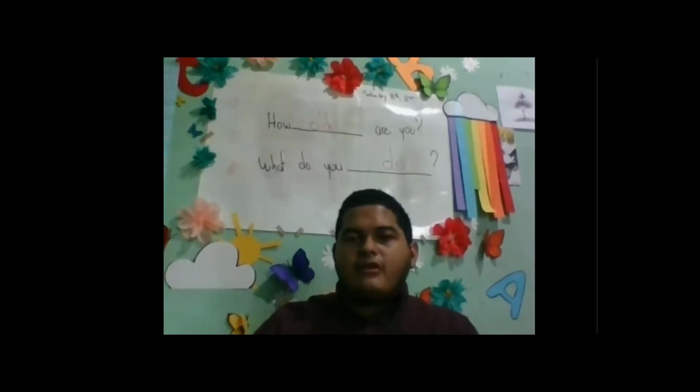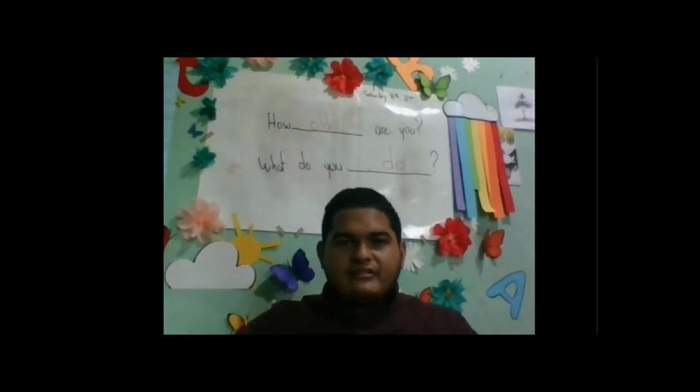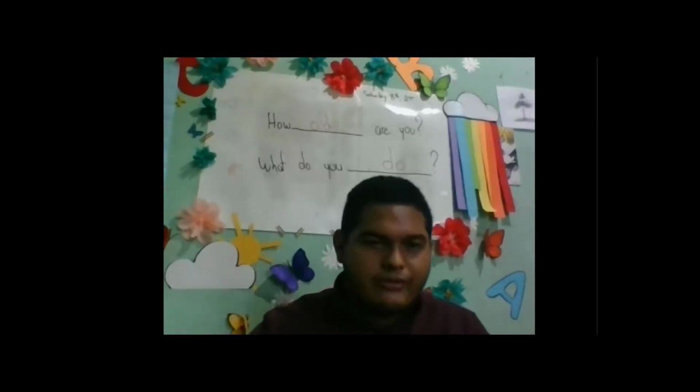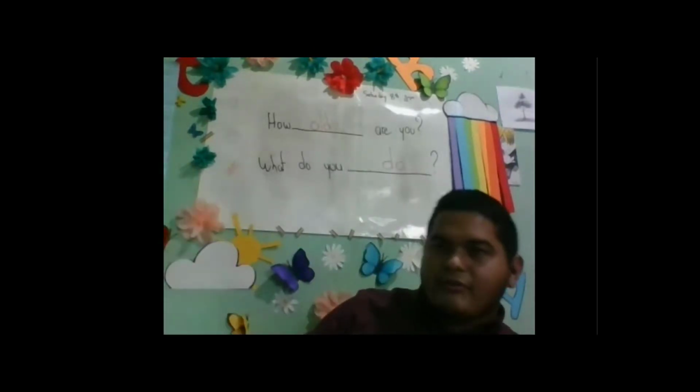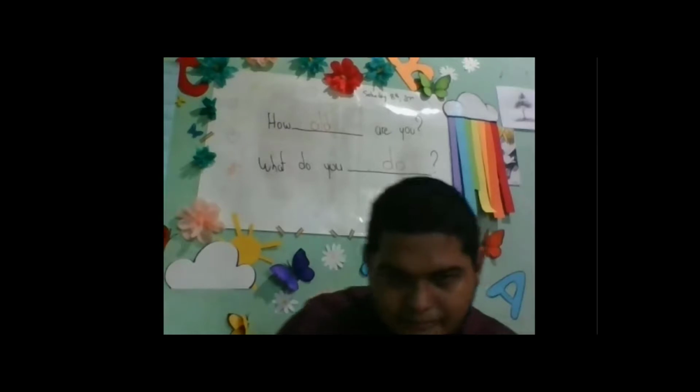Now that you finish these exercises, I have one more activity. The final activity for you in today's class is to come to the front and ask some questions about personal information using the questions that I already explained.